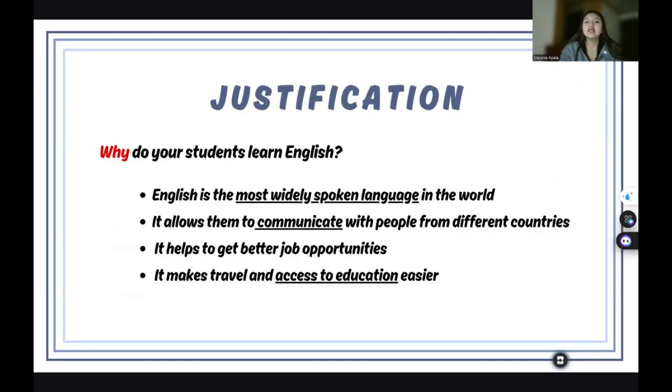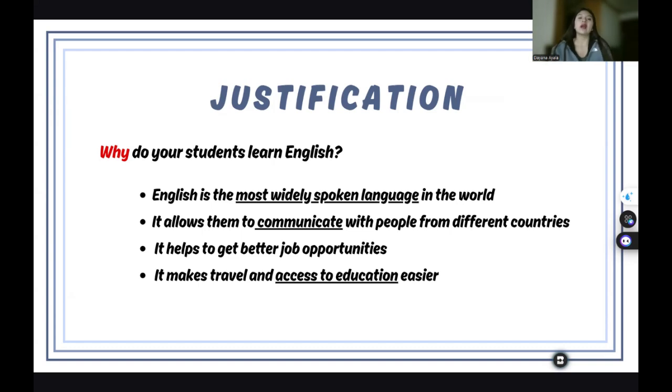Then we have the justification. In this case, the justification answers the question: why do your students learn English? You need to identify the reasons why students need or want to learn English. Here I write some ideas or reasons why my students are learning English. For example, English is the most widely spoken language in the world, and it allows them to communicate.